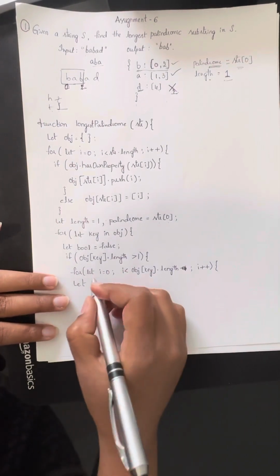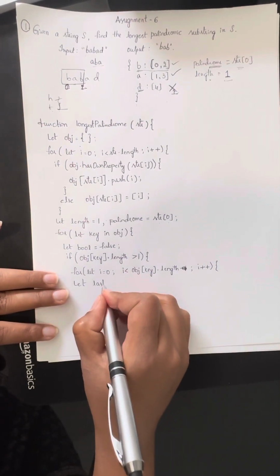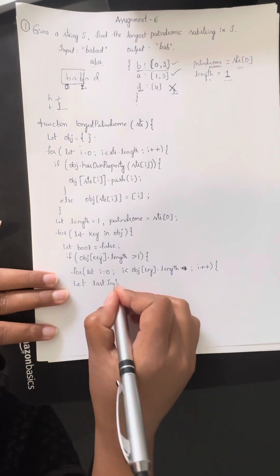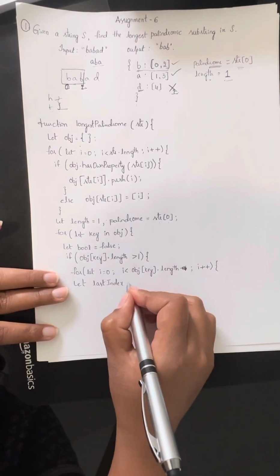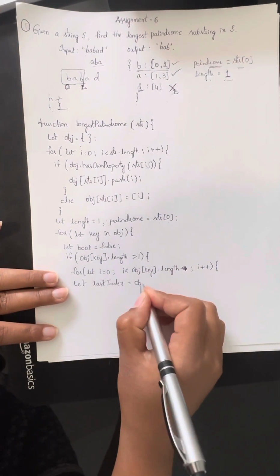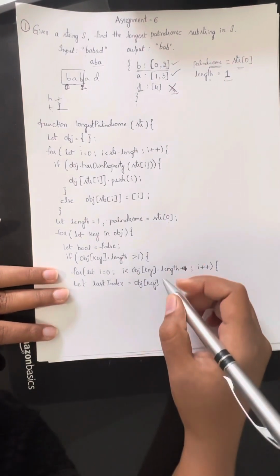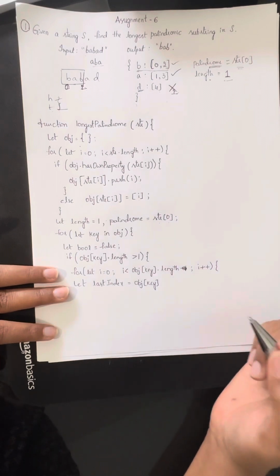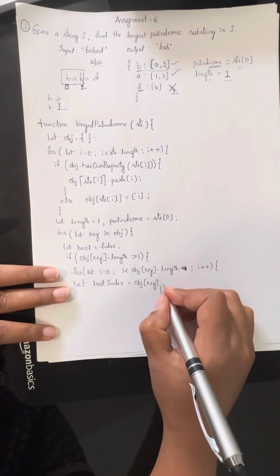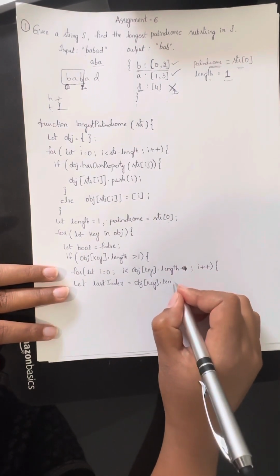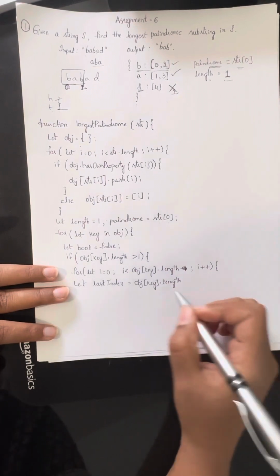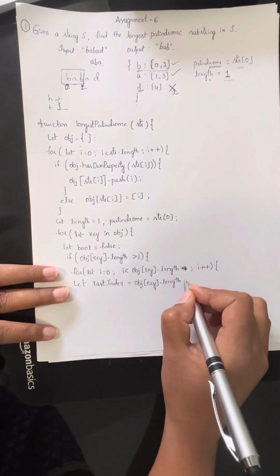Now I'm declaring a variable called last index. In this I'm storing the last index in the current array. So it's object of key dot length minus 1.